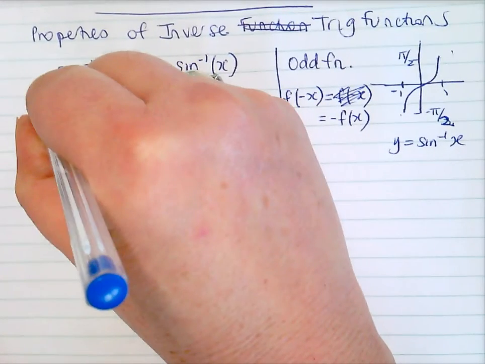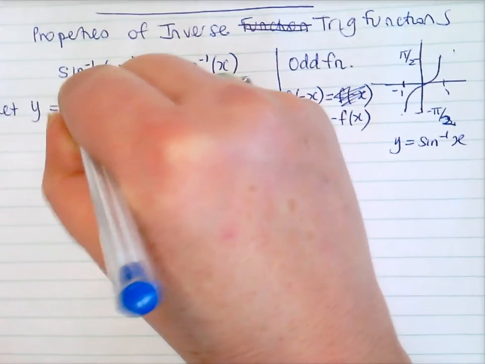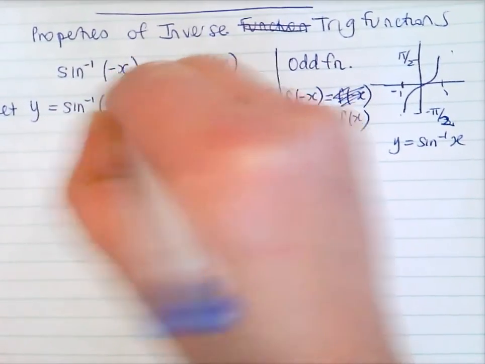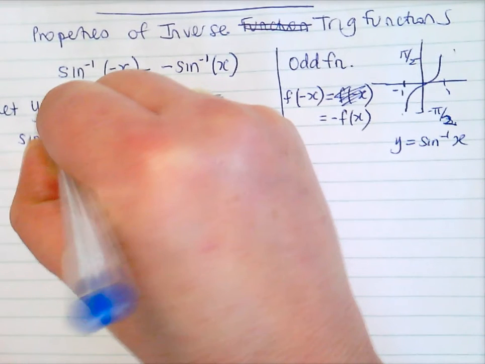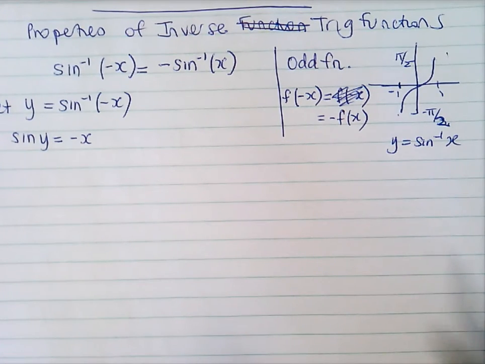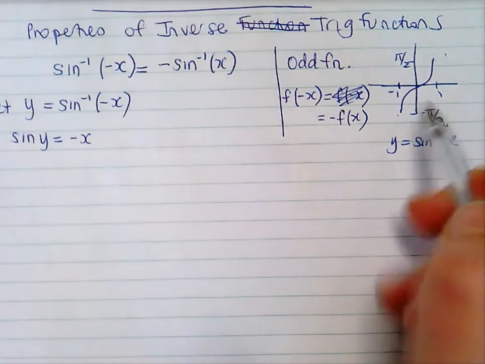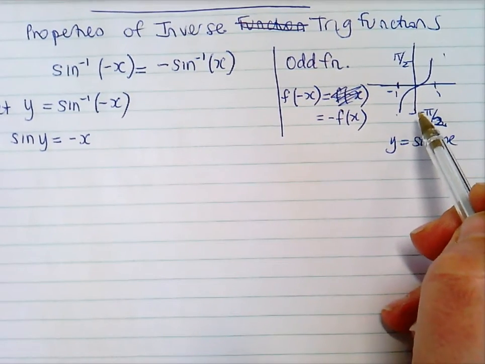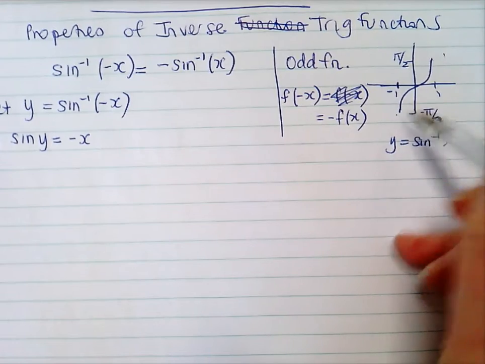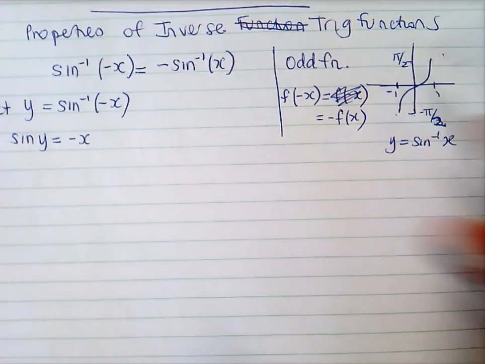So if we let y equal the inverse sine of negative x, then sine of y equals negative x. This is because the range of the inverse sine function is from negative pi on 2 to pi on 2.